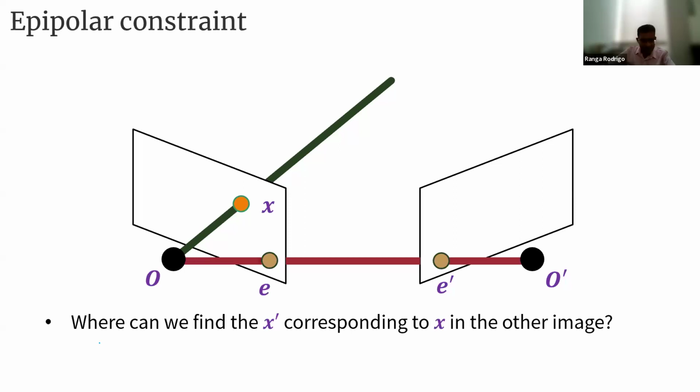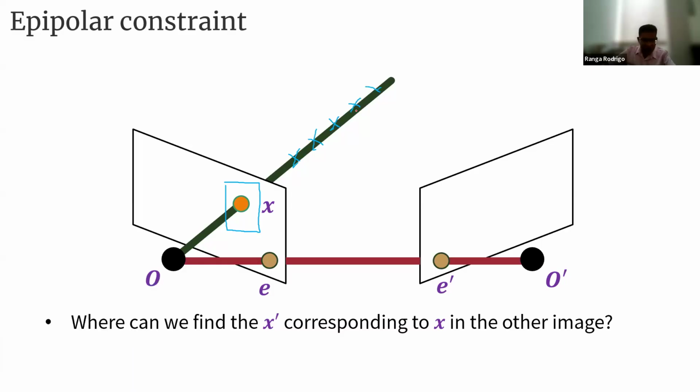Where can we find x prime corresponding to the x in the other image? That's the question we are asking. So now this one is defined, okay? Corresponding to that, capital X can be anywhere on this ray, right? Now let's consider one point along the ray.